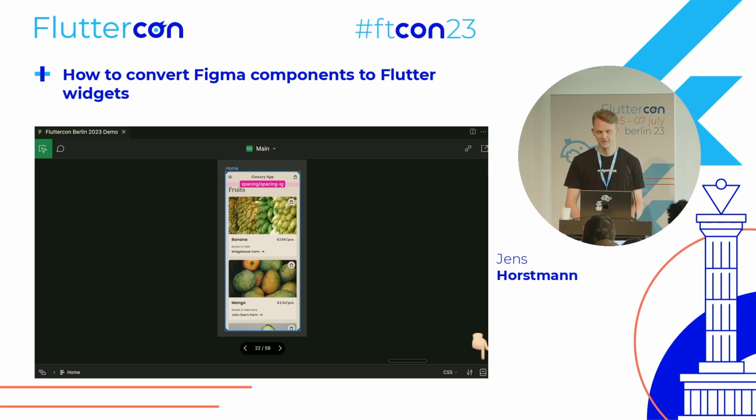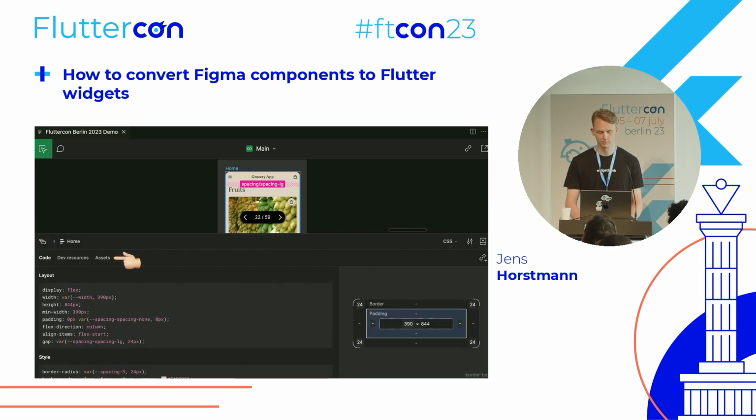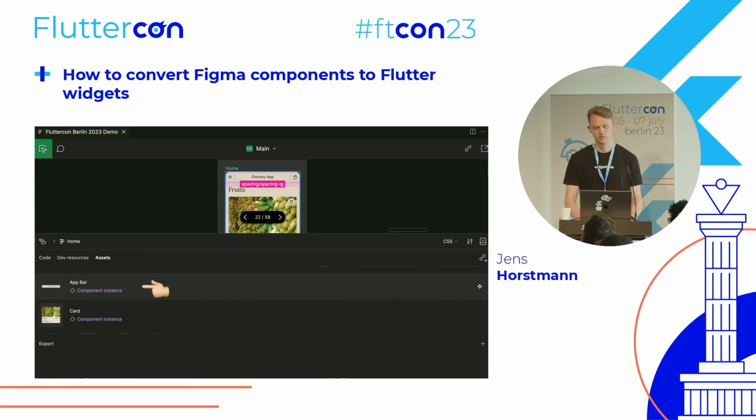So for that, we now use the plugin from Figma. And for that, we pop off the property panel. This now looks really wild, but we will just skip ahead and go to assets. The cool thing here is that you now see all the dependencies basically of this screen.